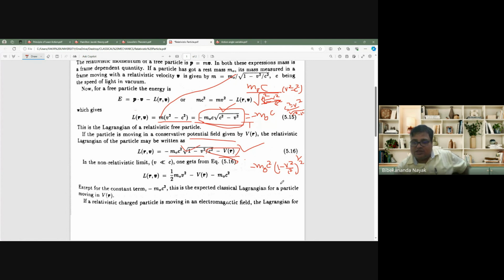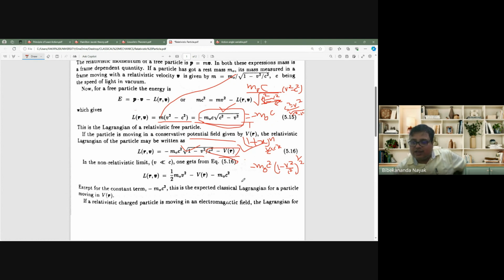If this quantity v by c is much less than 1, we can use the binomial expansion. You know, 1 plus x to the power n, when mod x is less than 1, is equal to 1 plus nx plus n into n minus 1 by 2 factorial into x square, and so on.